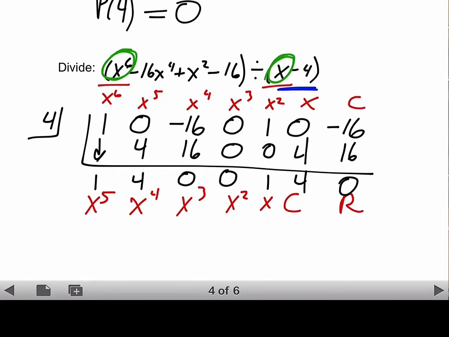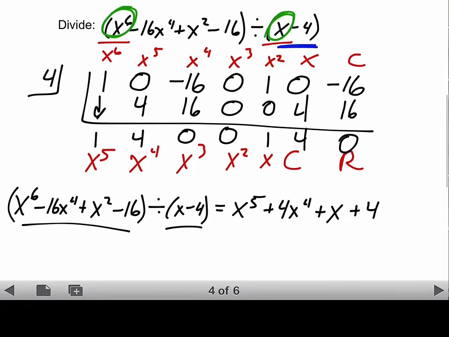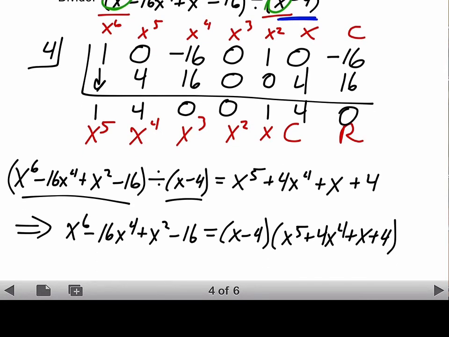So we could say from this that the original 6th degree polynomial divided by x minus 4 is equal to x to the 5th plus 4x to the 4th plus x plus 4, with no remainder. Another way to write this would be that the original polynomial can be expressed as a product of the divisor x minus 4 times the quotient, the 5th degree polynomial.